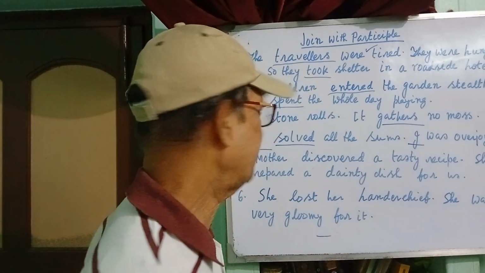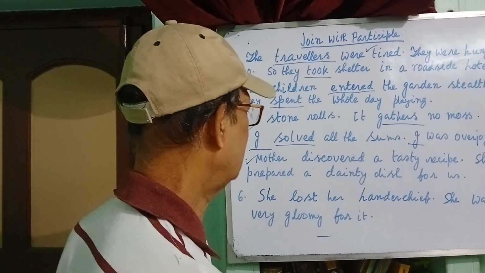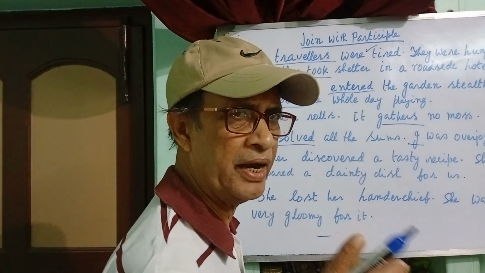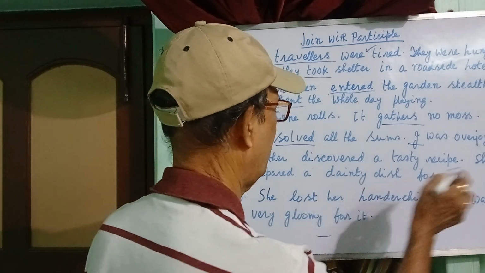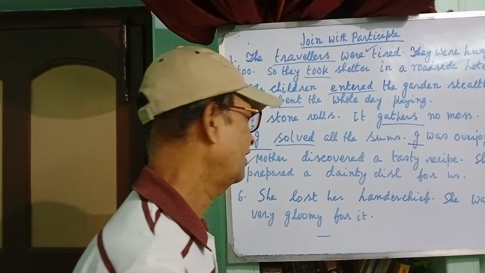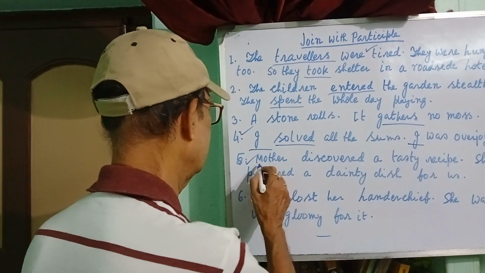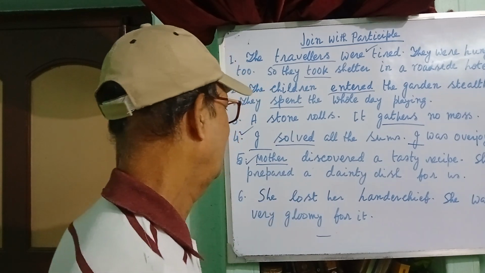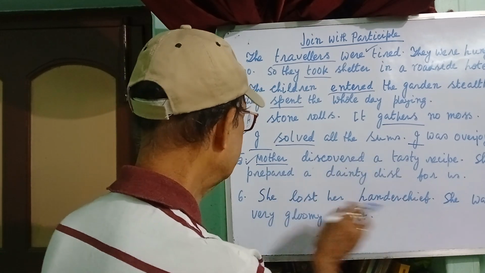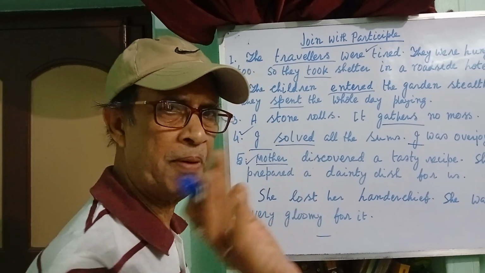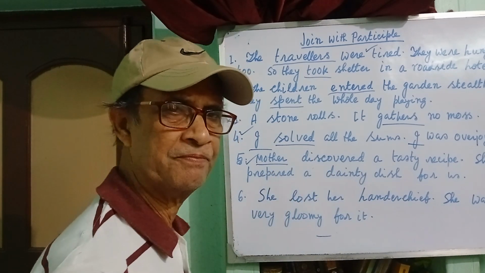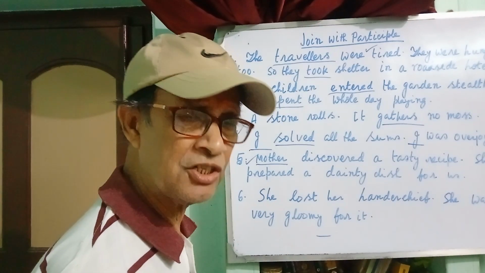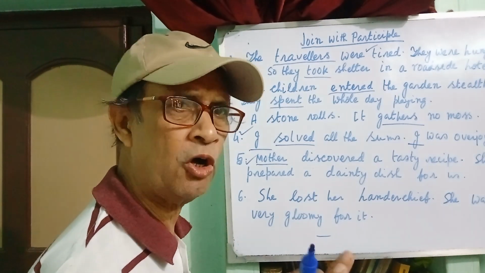Now my fifth item is: Mother discovered a tasty recipe. She prepared a dainty dish for us. So here the subject is the same person, that is mother. She discovered and she prepared. So first she discovered, then she prepared. And you must use the participle in the cause part.